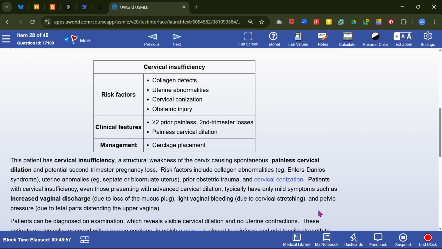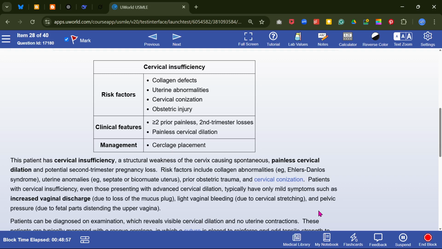Cervical insufficiency: collagen defect, uterine abnormality, cervical conization, obstetric injury. Clinical feature: two or more painless second trimester losses and painless cervical dilatation. Management is cerclage placement.